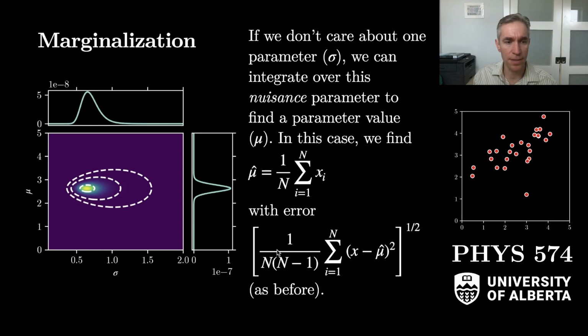So this is the square root of n. So it would normally be sigma over the square root of n, and then this is 1 over n minus 1 times the standard deviation parameter, so (x minus the mu estimator) squared, added up over all the data, which is exactly what we derived before, but this time we have this full framework for it.